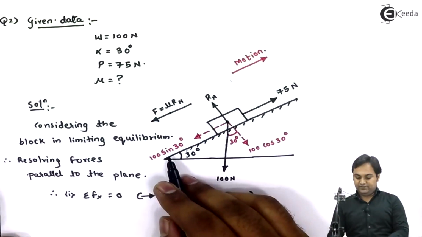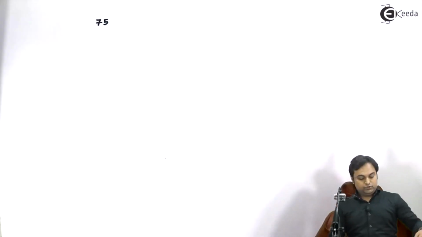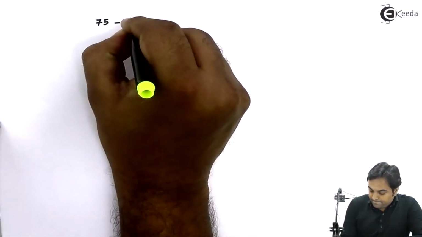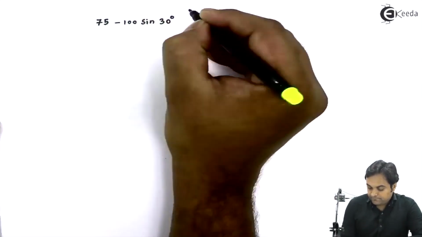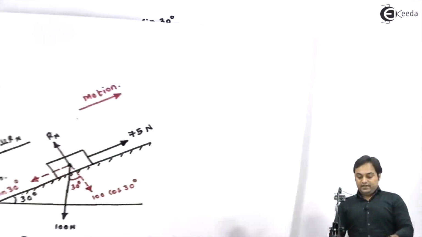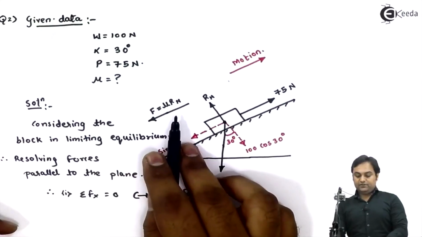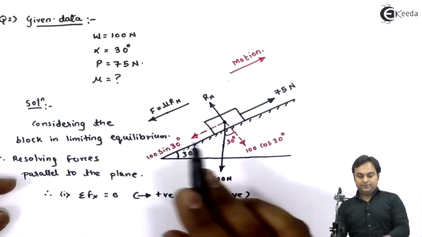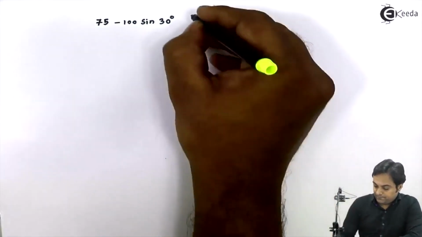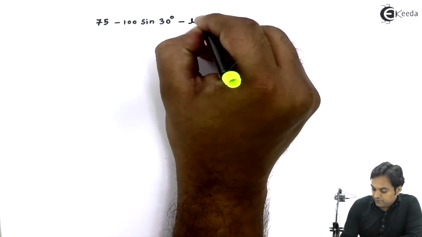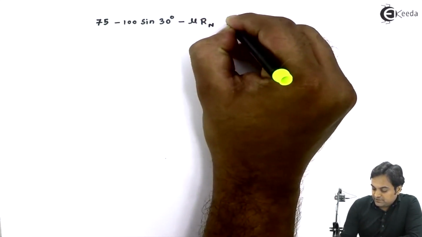We have 100 sine 30 which is acting down the plane, so negative. We have frictional force F is equal to mu Rn acting down the plane, so again negative. I'll write down minus mu Rn, that's equal to 0.